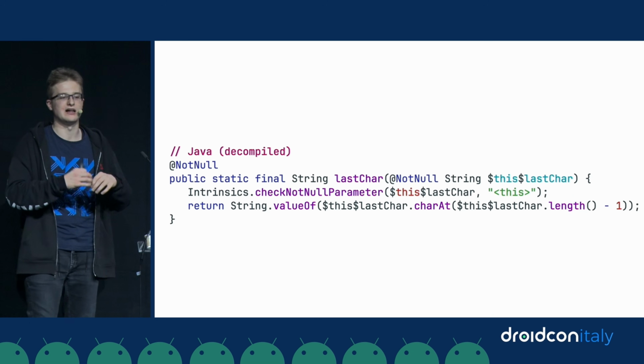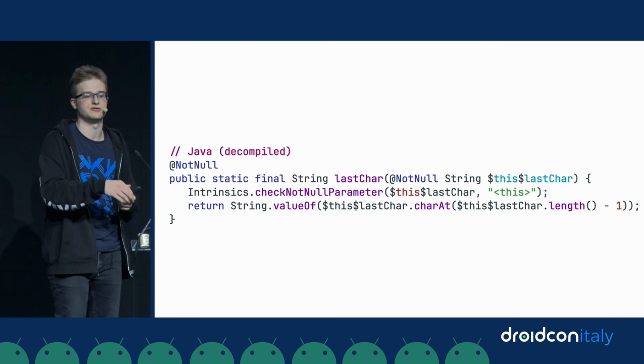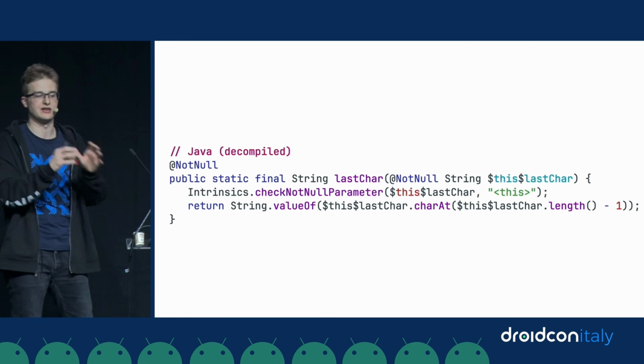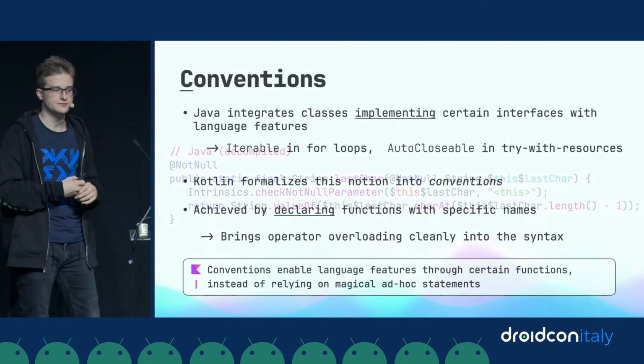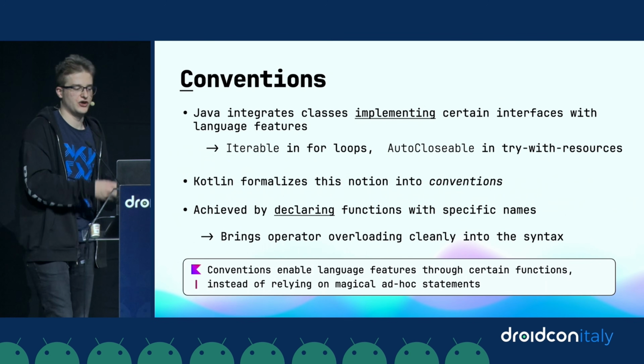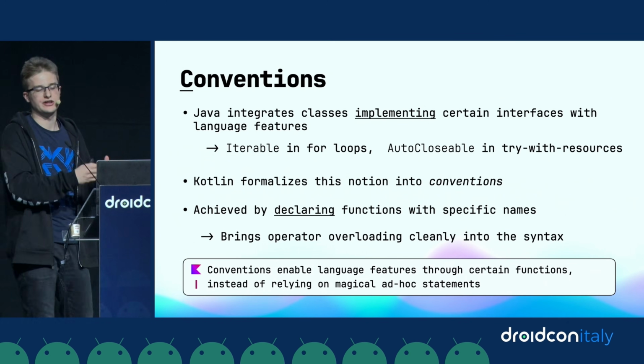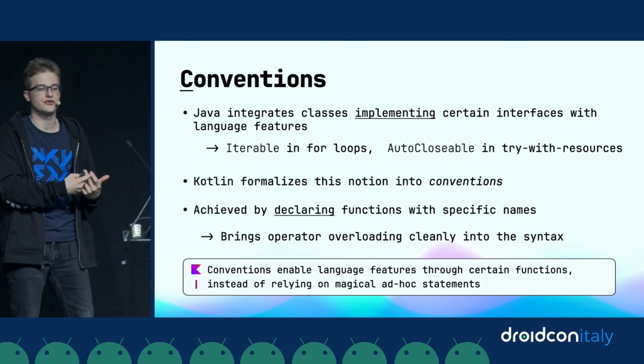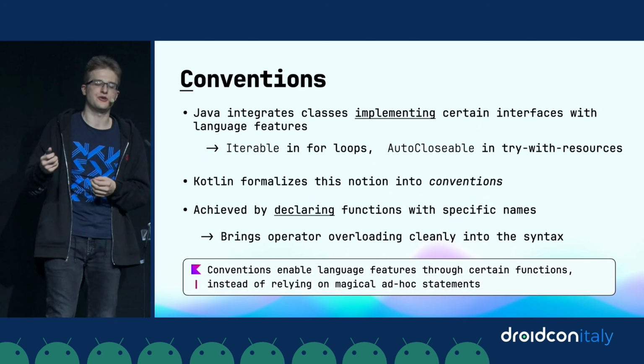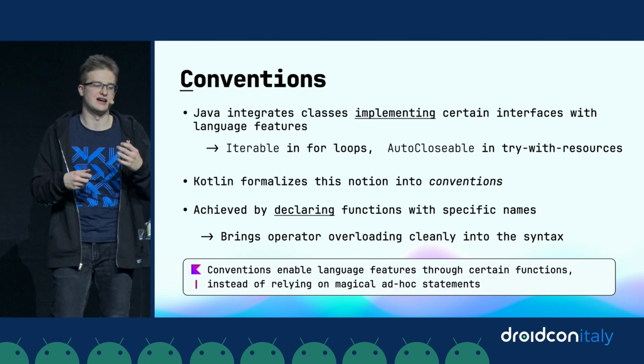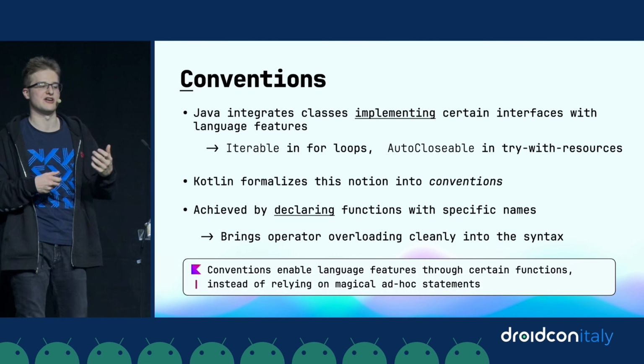And that is all compiled, meaning that when we access an extension function, it is actually putting in place that static call. Now, that is very nice in itself, but it comes in really useful when you talk about Kotlin conventions, where it really shines when you look at how Java implements those things.